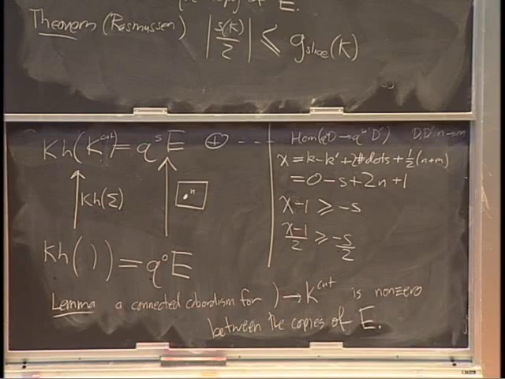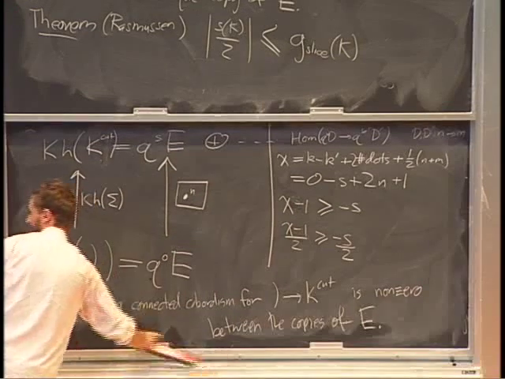Okay. I think I've got either 1 minute or less than 1 minute, either plus 1 minute or minus 1 minute. So let me just say one thing about this theorem over here, that every complex admits a decomposition like that.